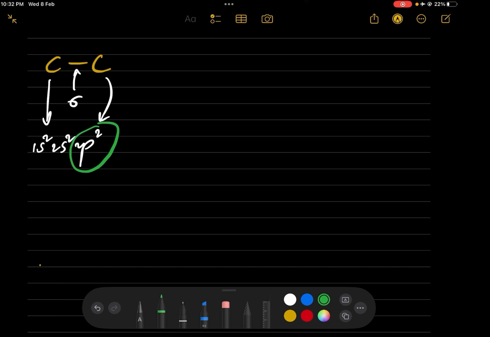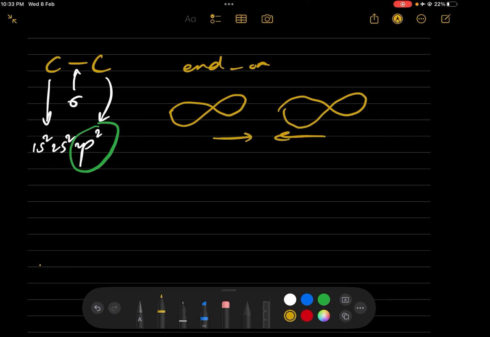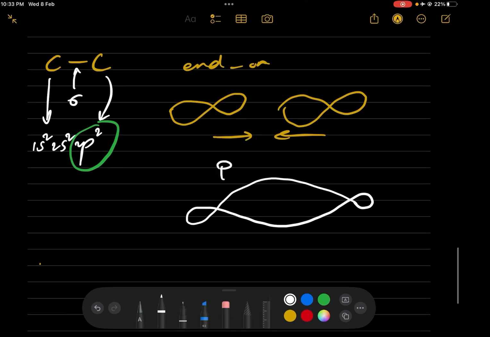But since we're talking about end-on overlapping, we're supposed to have 2p orbitals in this form. They start to overlap with each other head-to-head. But don't say head-to-head, use the word end-on. It's way better, it's more fancy. As a result of this, they will have something like this. So this is the sigma bond from p overlapping. This is end-on.